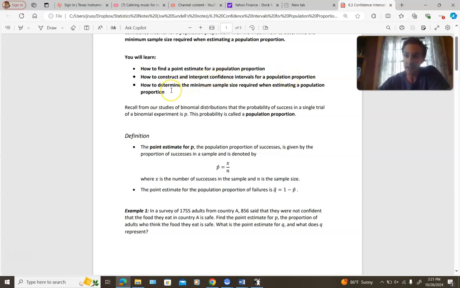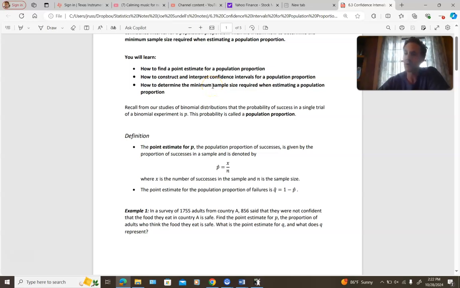And then, keeping in line with the last two sections, we're going to look at the minimum sample size required when estimating a population proportion. So again, if we want to ensure that our margin of error stays within a certain bound, what is the minimum sample size that we need to ensure that?